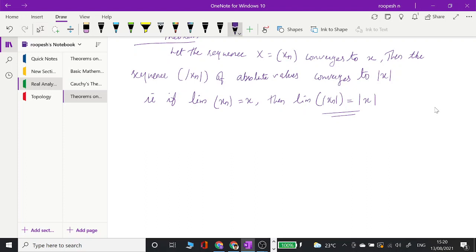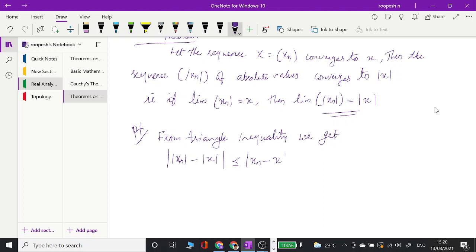So from the triangle inequality, we get modulus of mod xn minus mod x is less than or equal to modulus of xn minus x.